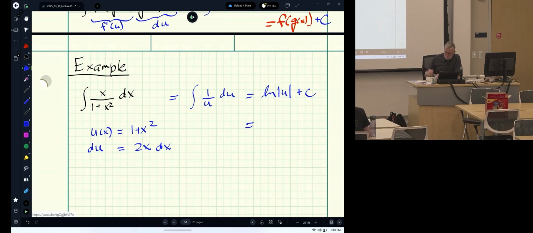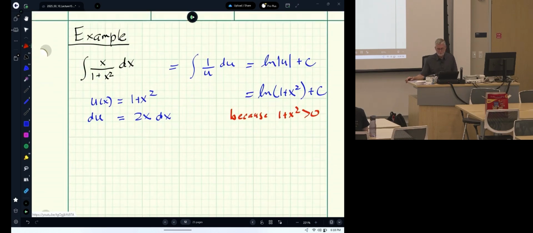And then u is 1 plus x squared. And since 1 plus x squared is always positive, we can get rid of the absolute value sign. So that's u substitution.